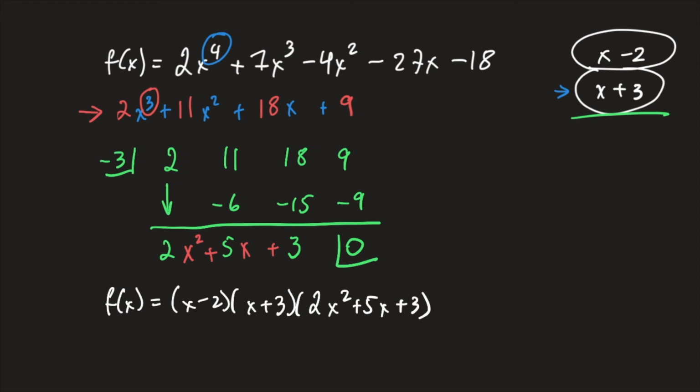But we're not done yet. We can take that 2x squared plus 5x plus 3, since it's a quadratic, we can try to factor or use quadratic formula or completing the square or whatever other methods you may know.